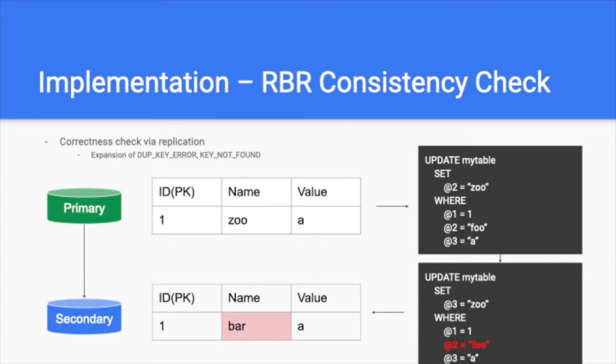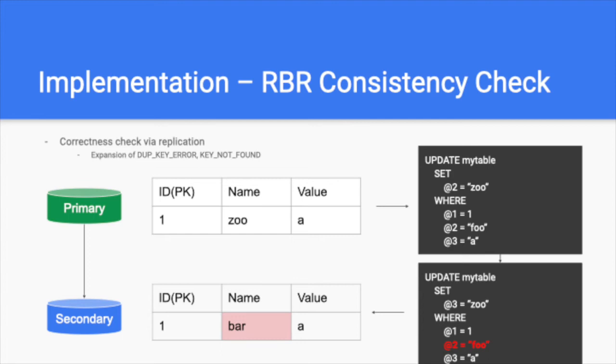So the idea there is pretty much the same, but it's an expansion on top of that logic. Instead of only checking the primary key values when we're executing those RBR events, we actually compare the full pre-image that was persisted in the binary logs against all the columns and values of the corresponding rows in the instance that the events were executing against.